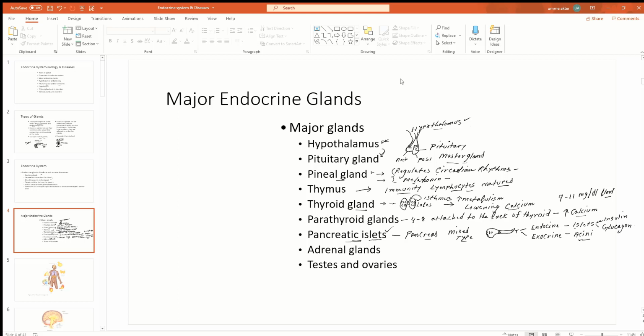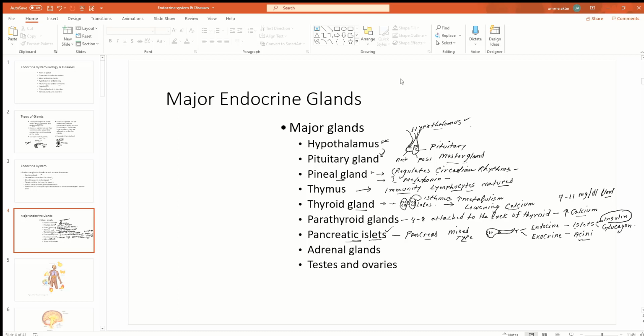So you know that insulin is to lower the blood sugar. That's why diabetic patients take the insulin, right? To lower the blood sugar. Very important, right?